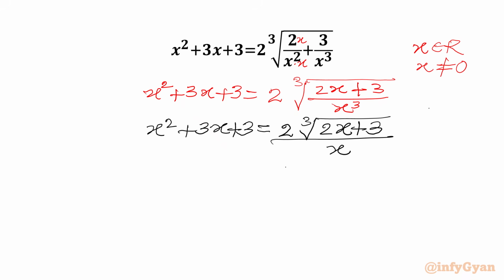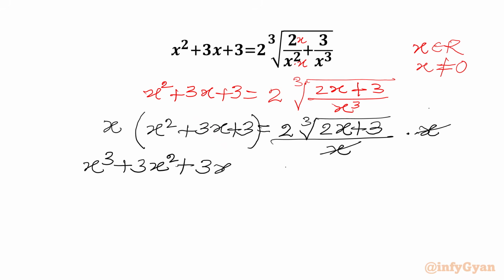Now we will multiply this equation by x both sides. So we'll multiply RHS with x. Denominator x will get over. We'll multiply here and get x cube plus 3x square plus 3x. And in right hand side, we'll write 2 times cube root of 2x plus 3.